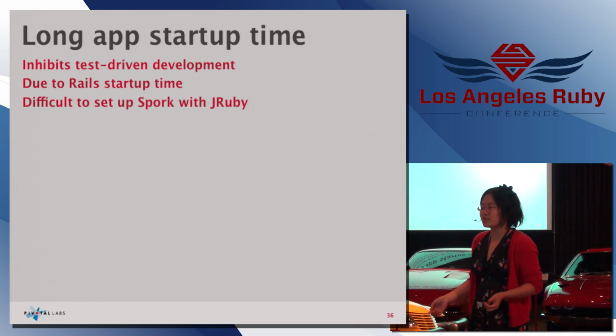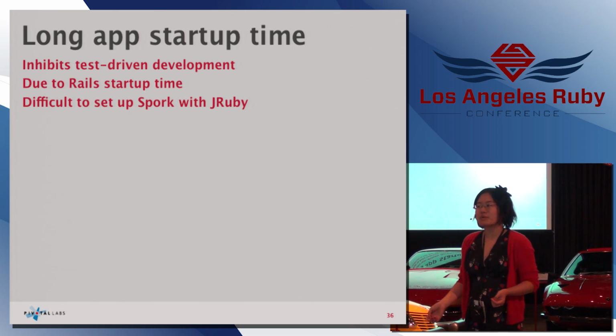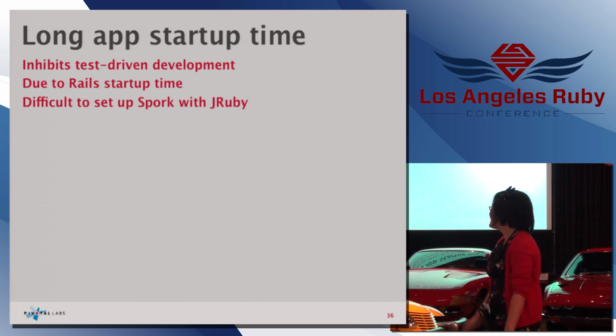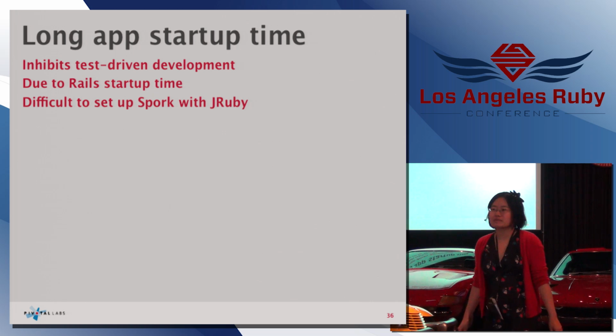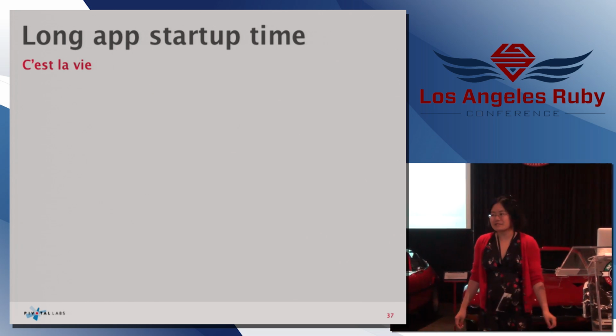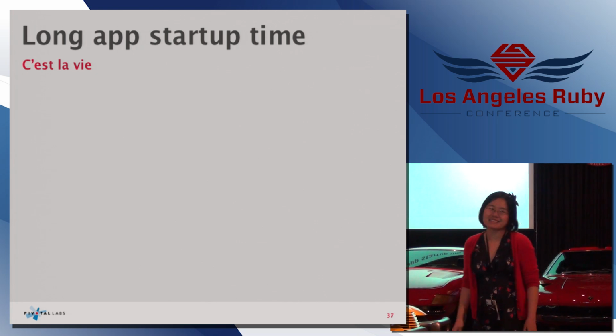As you might know, Spork is a tool which helps reduce that, but Spork doesn't really work with JRuby. We've tried to make it work, but it hasn't. So that's a huge drag on developer productivity. And as far as we can tell, c'est la vie. There's nothing we can do about it.